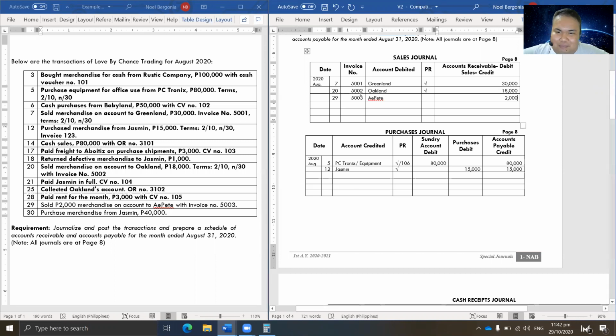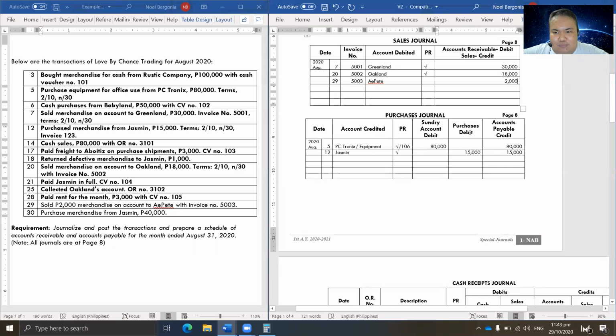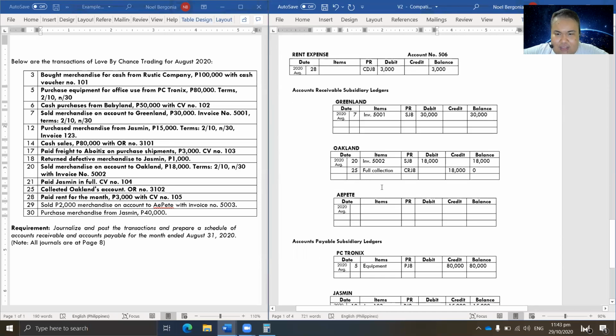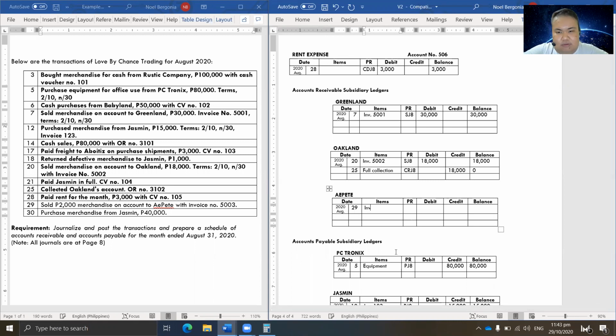So what we're going to do is to post it again on the subsidiary ledger for accounts receivable. So puntahan natin yung accounts receivable subsidiary ledger. May nakita na kayong APIT. So we have on August 29, invoice 5003. San galing yan? Sales journal, page number 8.